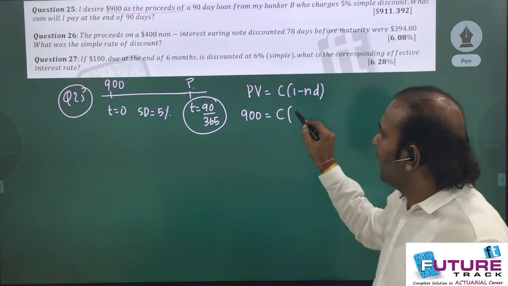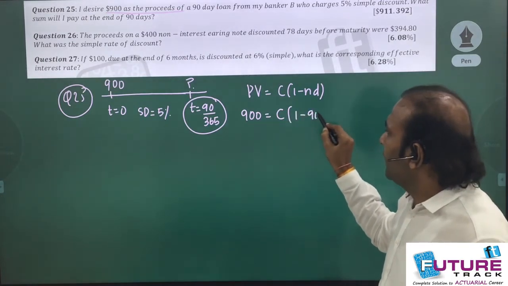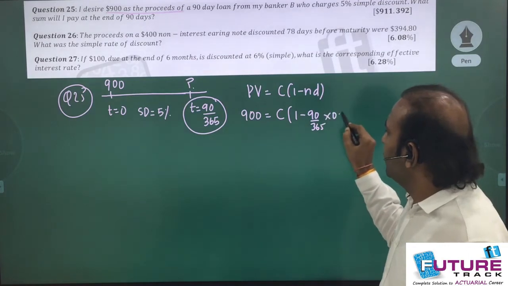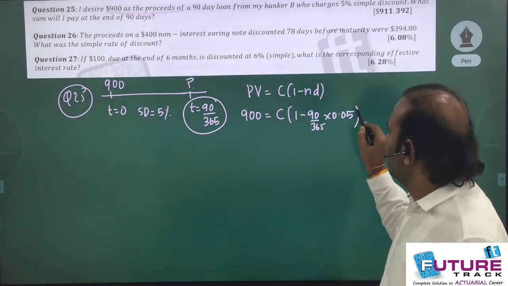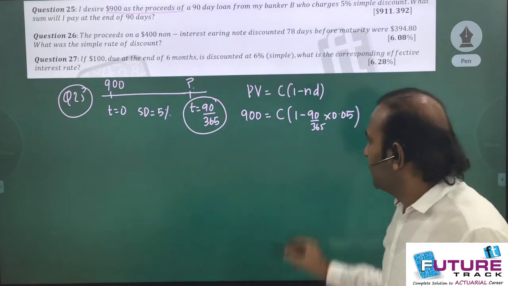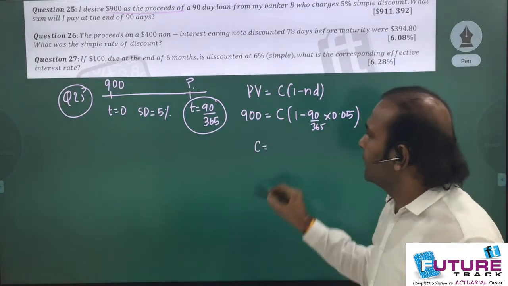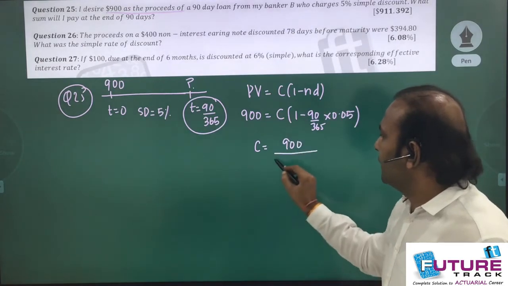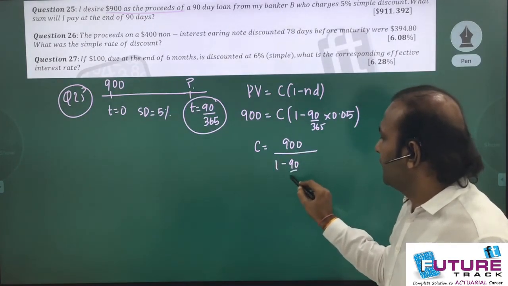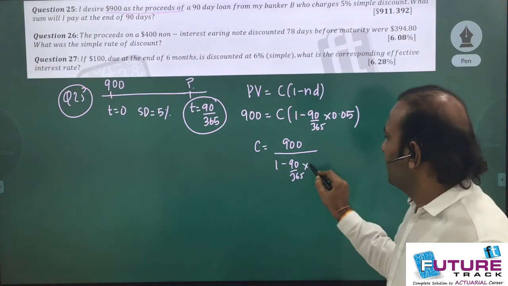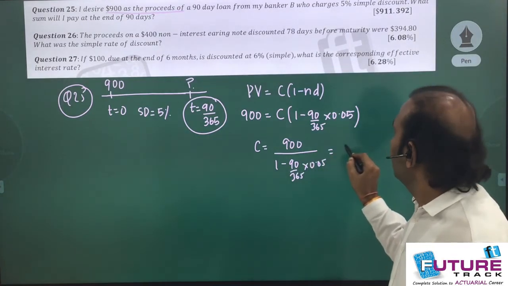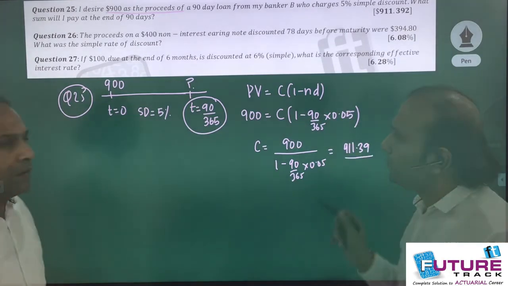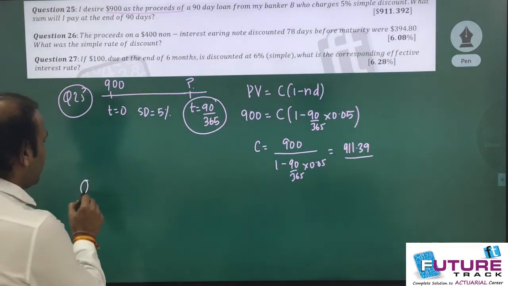We have to calculate C(1 minus 90 divided by 365 into d as 0.05). Fine. So we can easily calculate the value of C: 900 divided by this, which is 911.39. Now let's see question number 26.